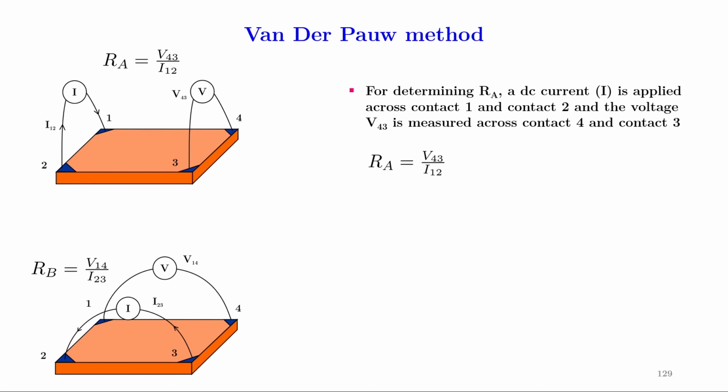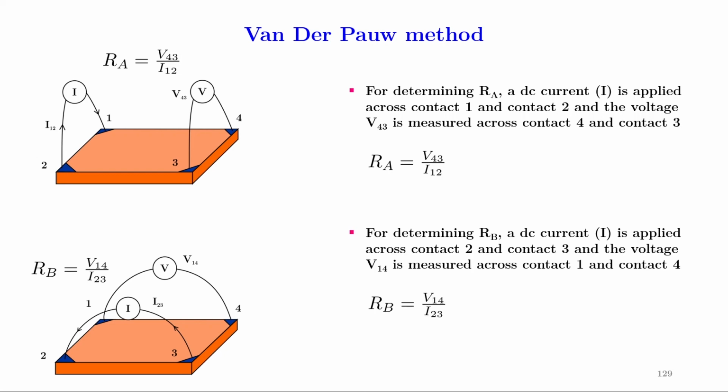To determine Ra, a DC current I is applied across contact 1 and contact 2, and the voltage V43 is measured across contact 4 and contact 3. Then Ra equal to V43 over I12.